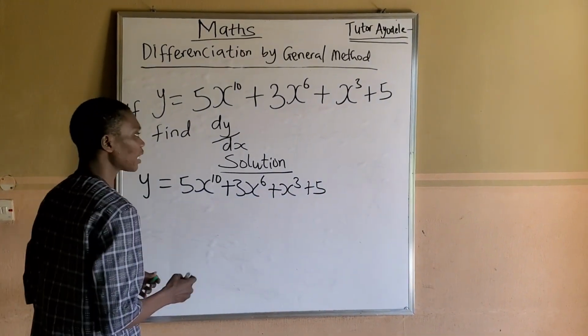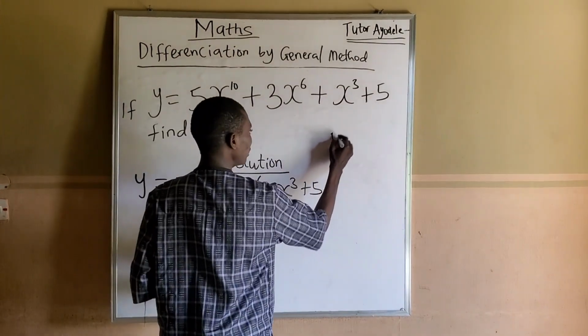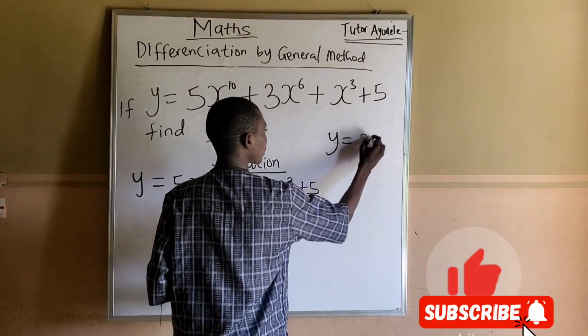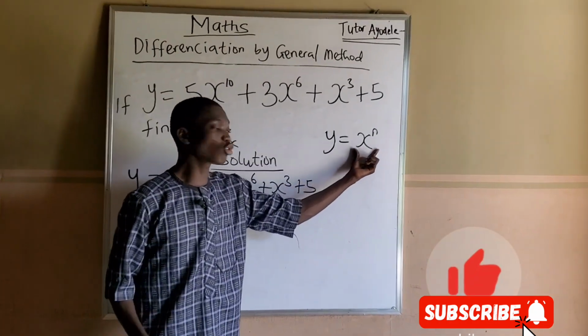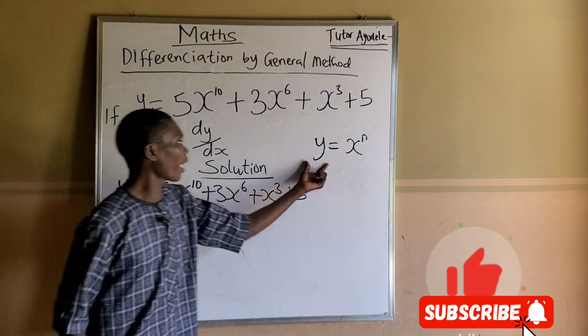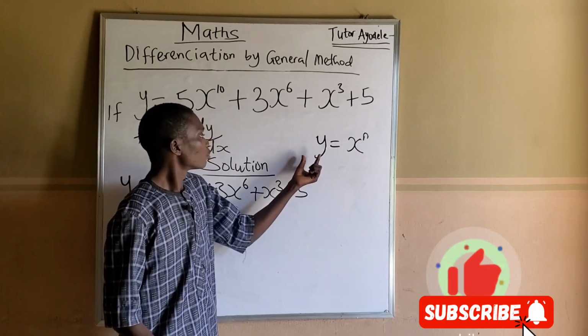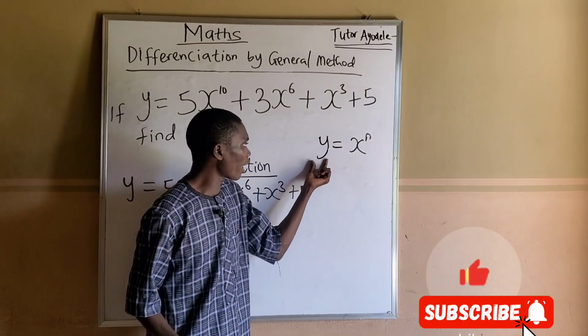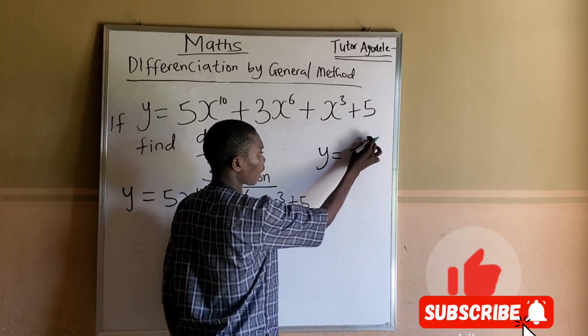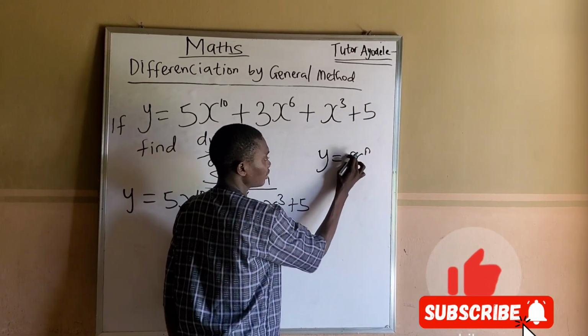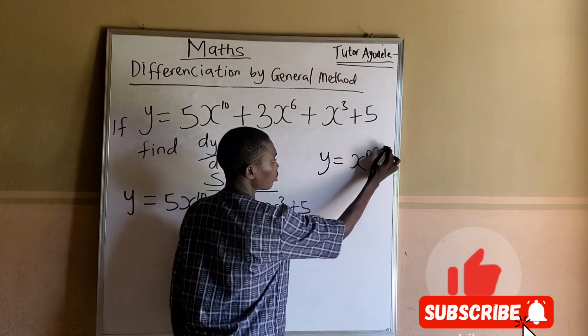According to general method, if y is equal to x raised to the power of n, because y is a function of x, if you differentiate y, you use this power to multiply this x, you then subtract 1 from it.